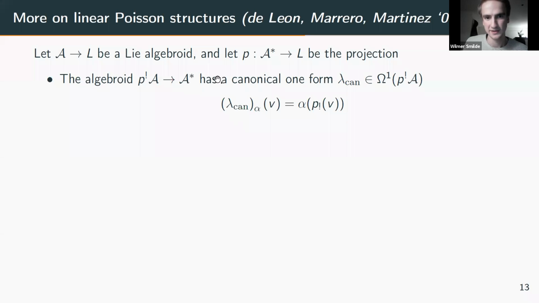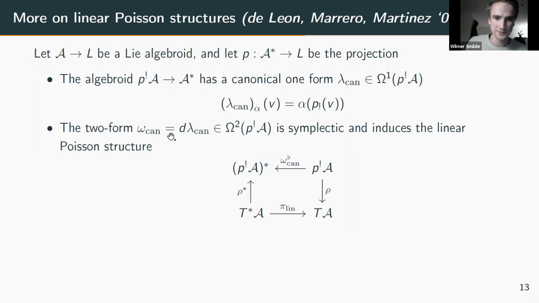At a point in A star, namely alpha, we can look at V in the fiber of this pullback algebroid. We can evaluate alpha on V if we move this V that's in the fiber over here to A itself. So this is again a perfectly well-defined 1-form.